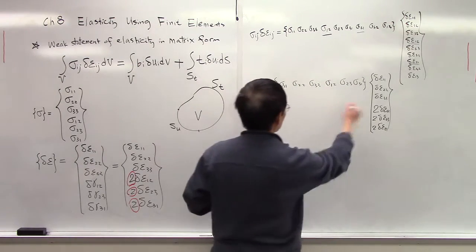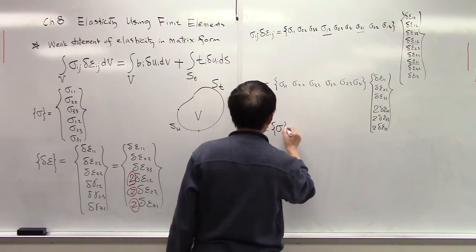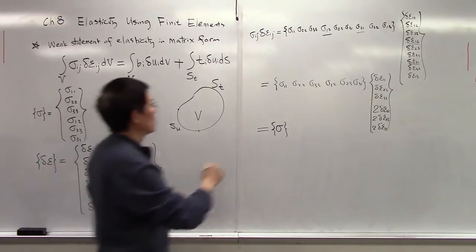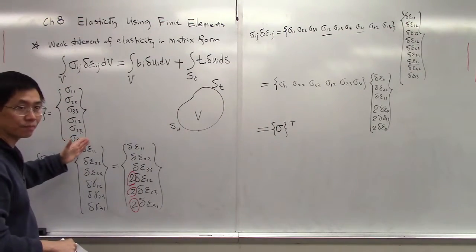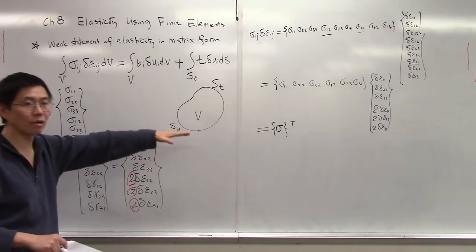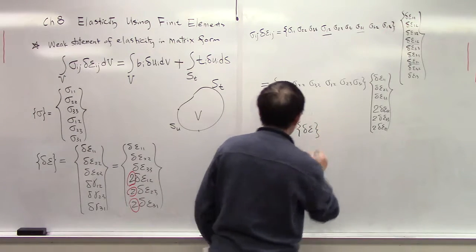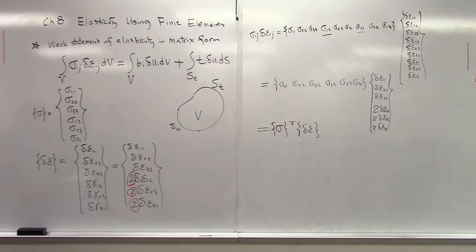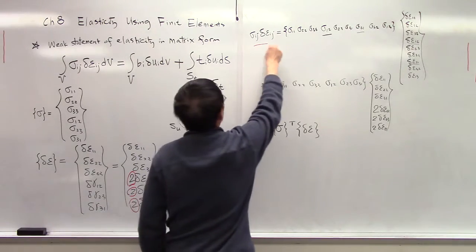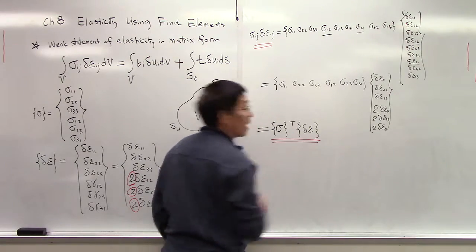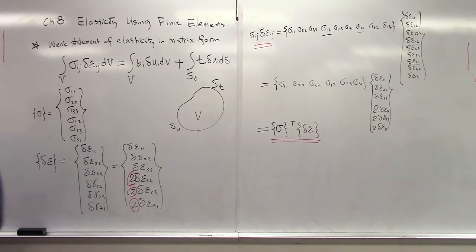Therefore, once we write it this way, we can write it as the sigma vector, transpose. Because we use a column vector here, we need to write it as a row vector to finish the multiplication. Therefore, with this expression, this thing can be written very nicely as that. Okay? If there's no factor of 2 here, then the result will be incorrect.